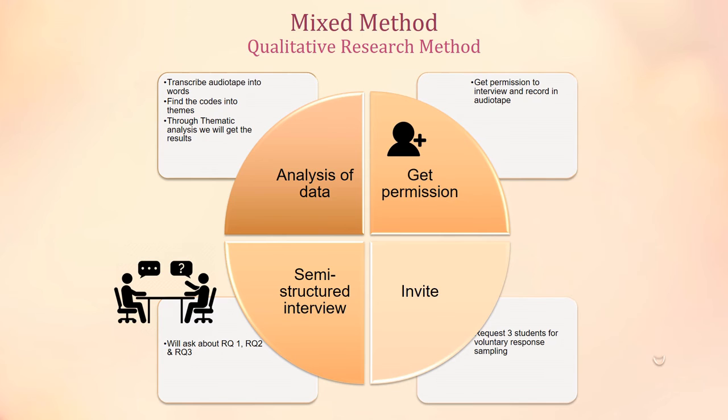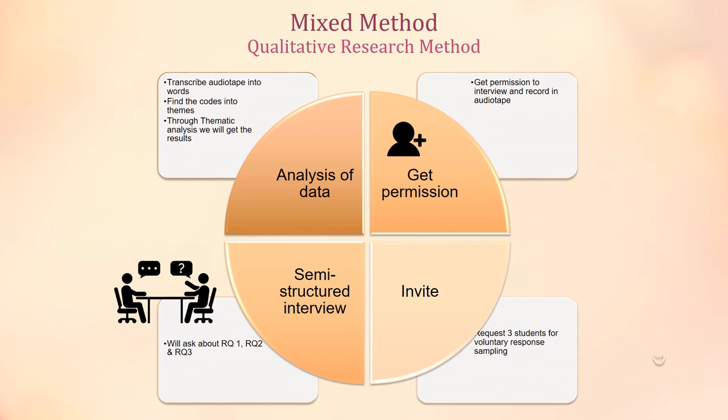Next is the qualitative research method. First, I'll get permission from the students to interview and record their voice on audio tape. Next is to invite them for a volunteer response, and there will be 3 students. Next, we'll conduct a semi-structured interview and I'll ask about the 3 research questions, research question 1, 2, and 3.